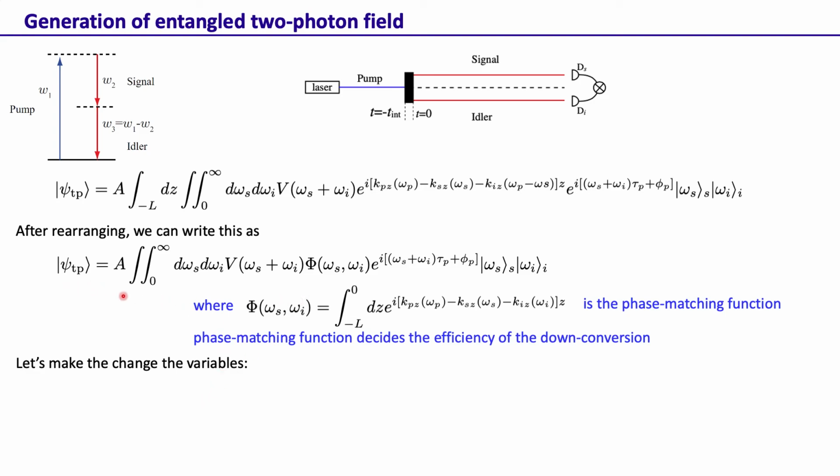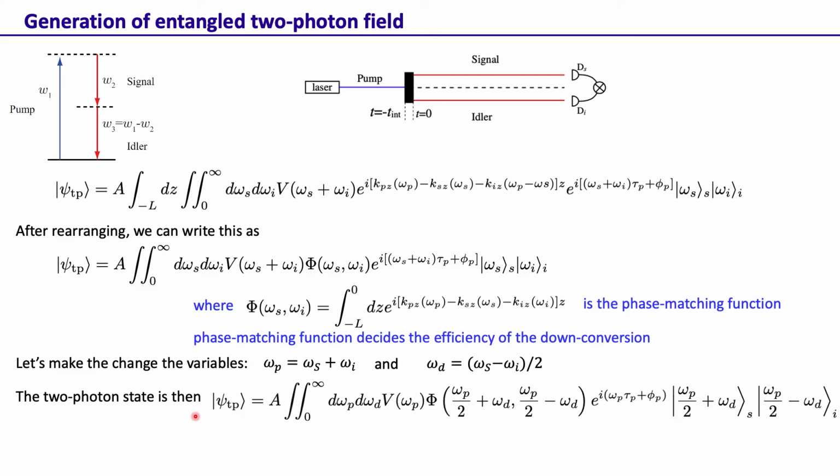I just want to point out that this also gives us an entangled state. So I'll just quickly illustrate that here. For that, let's make a change of variables. Here we have this state in terms of omega s and omega I, but let's take these two variables, omega p and omega d, where omega p is omega s plus omega I and omega d is omega s minus omega I. If we make this change of variable, then the two-photon state we can write like this.